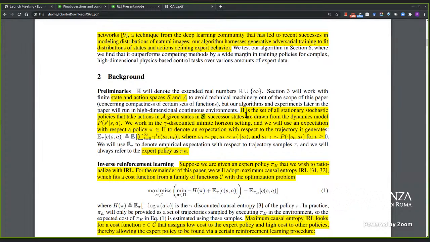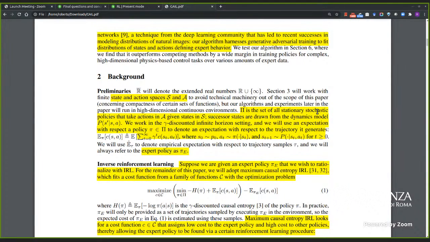All these policies will have to be stationary and stochastic. We know the definition of stationary and stochastic, but we choose to work with this kind of policies in this setting. So, for example, it could have been decided that we were operating with deterministic policies. This is not the case.